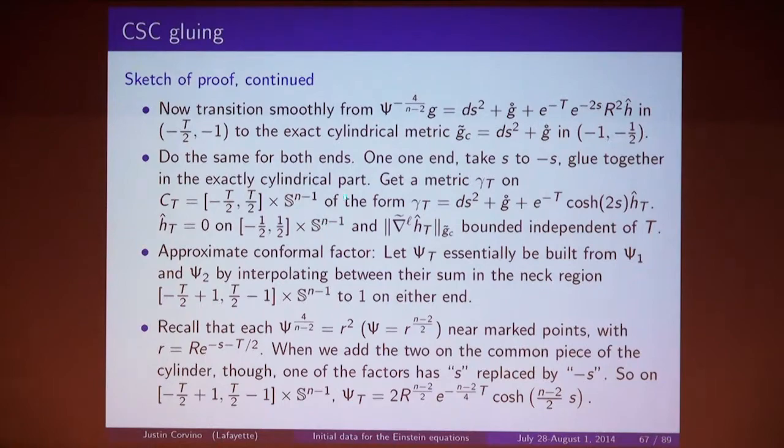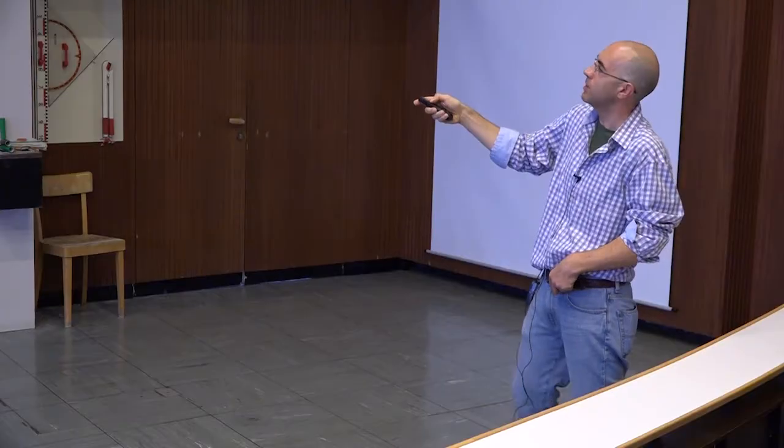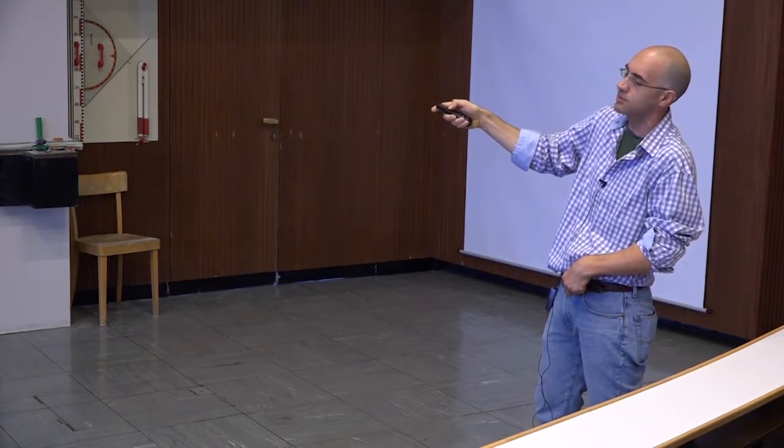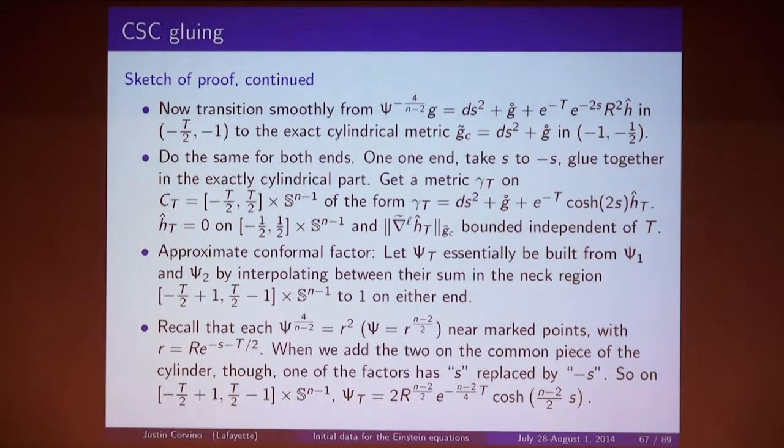All right. So again, you have this region, this long interval where t is large. So minus t over 2 to minus 1. Then you're going to go all the way to 0. And then on the other half, it'll go from 0 out to capital T or something, or t over 2. So you transition smoothly from this approximately cylindrical metric to the actual cylindrical metric inside this region.